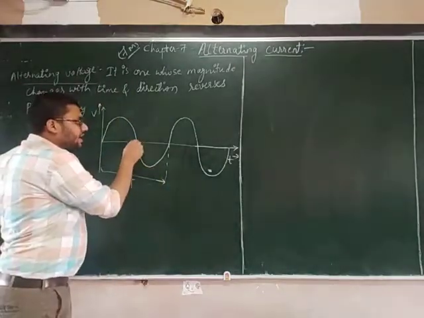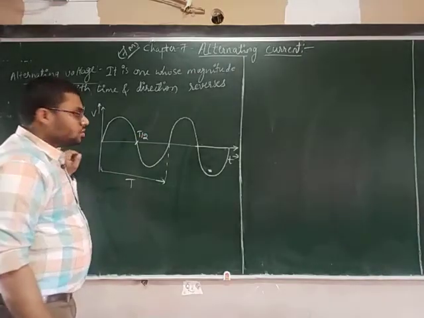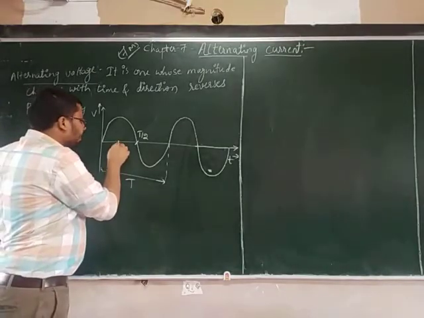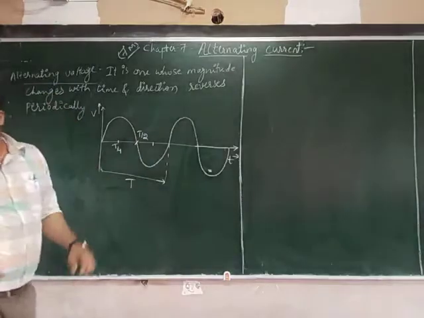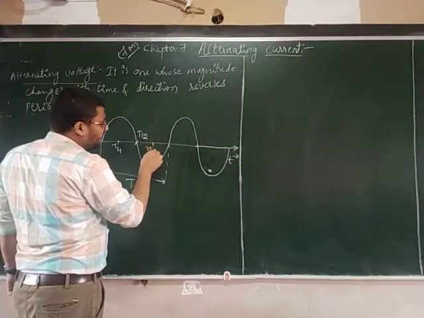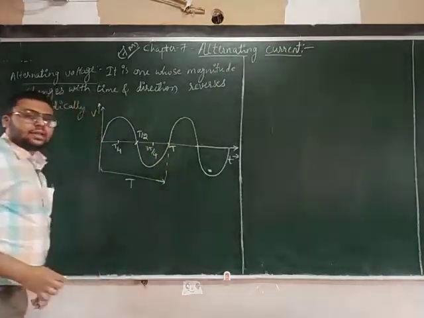And for half cycle, the time will be T by 2. For this much, that is quarter time, T by 4. And here, 3T by 4. And here, one complete cycle, that is T.